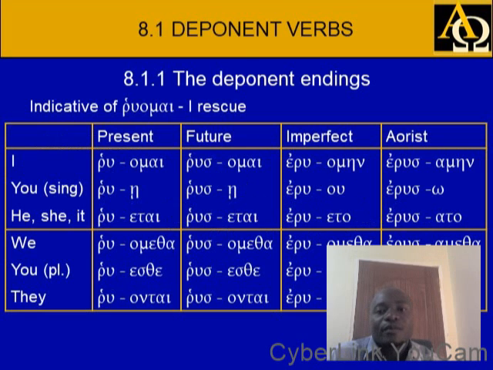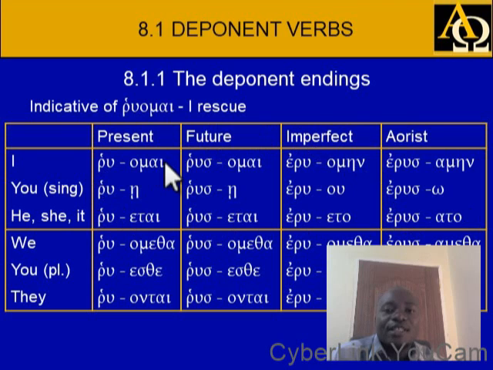Okay. So the deponent endings, just like we have endings for the active voice, we also have endings for the deponent middle. So the word we're going to use, initially we used the word luo, now we'll use the word ruomai, and ruomai means I rescue.